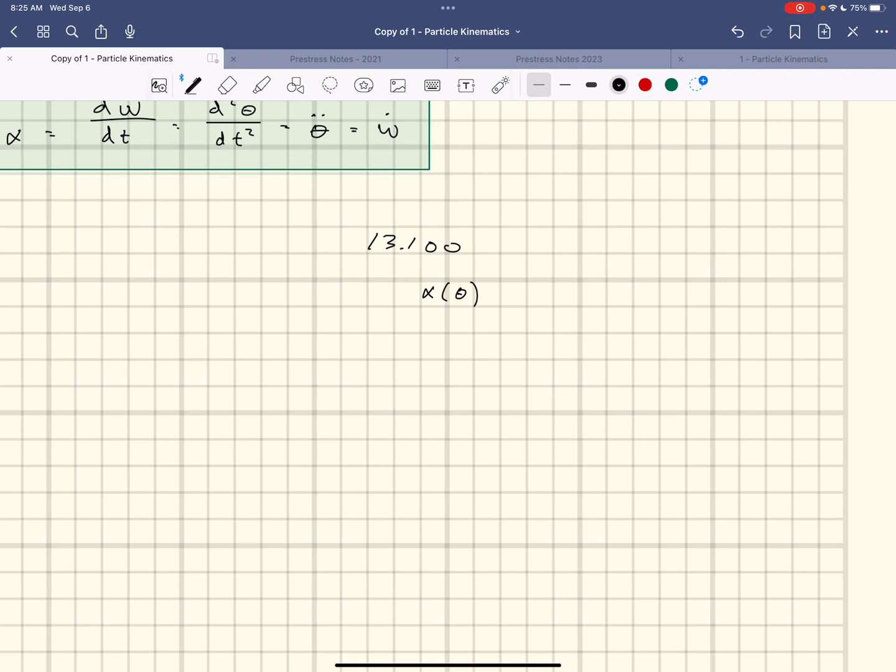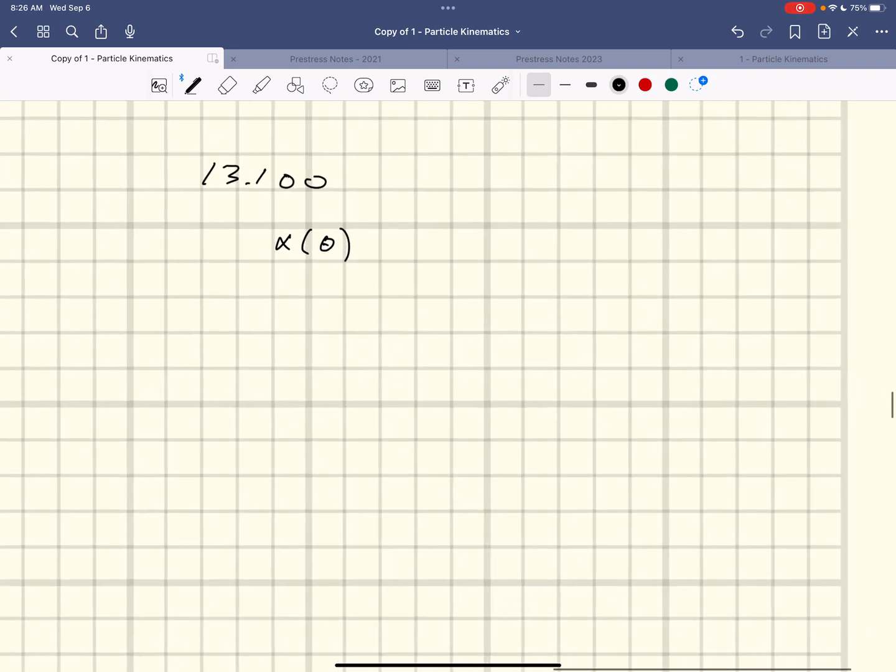There's one case where velocity or acceleration is a function of position. Here's a case. This is one of those. Acceleration is a function of position. It's not really in a form that we're used to because it's now angular motion, but it's angular acceleration a function of an angle, basically, which is acceleration a function of position. And so to solve this one, you have to use this technique, right?